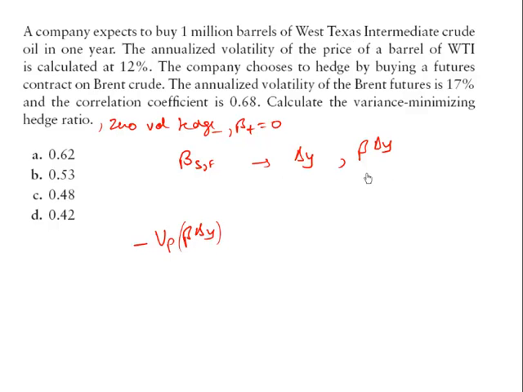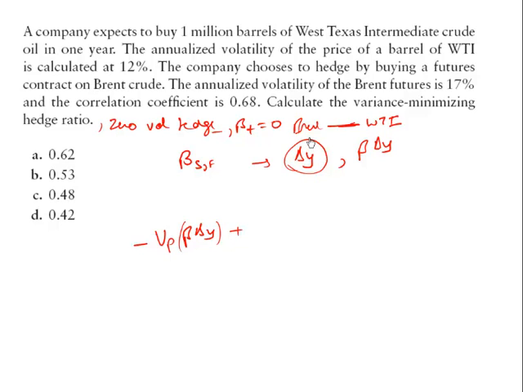So to whatever extent the price of WTI goes up will be my loss. And how much does the price of WTI go up by? The price of WTI goes up by beta times the change in the price of Brent. If the Brent changes by delta Y, WTI will change by beta times delta Y. That is the definition of beta, the change in the spot for a 1 unit change in the forward.